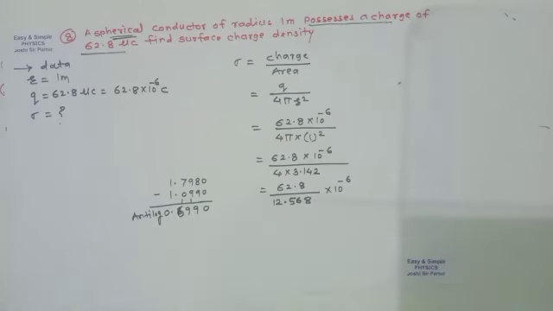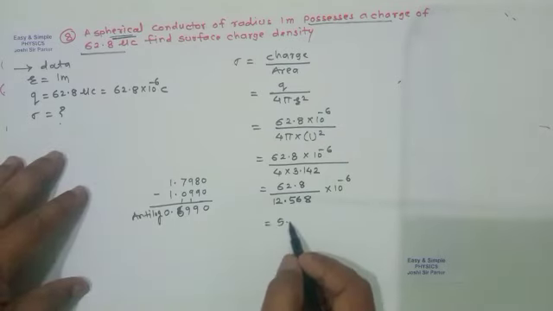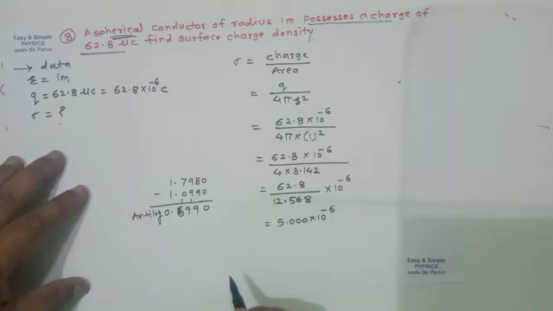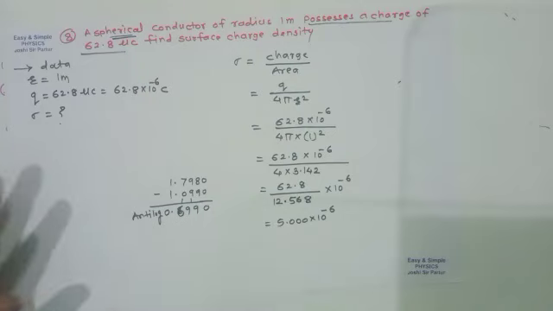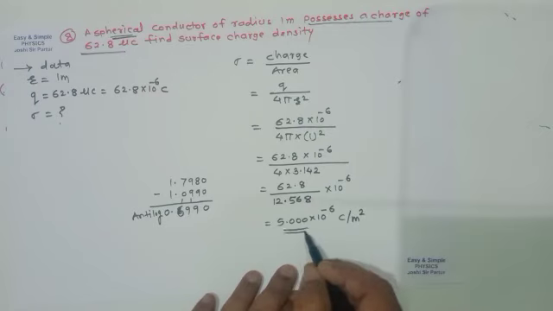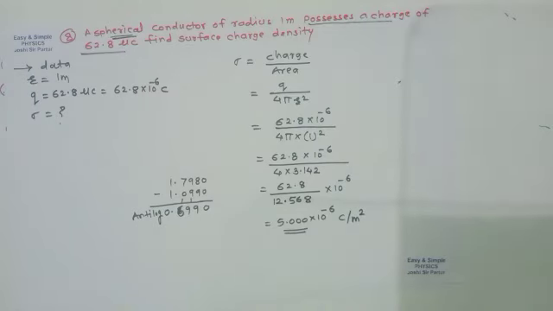So the antilog of 0.8990 will be 5.00 into 10 raised to minus 6. So 5.00 into 10 raised to minus 6 coulomb per meter square is the answer for the given example.